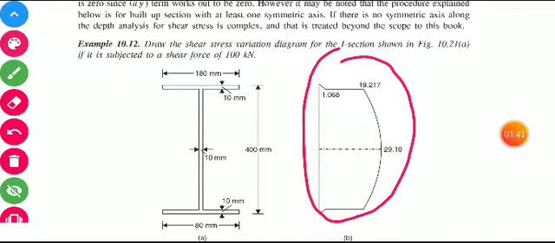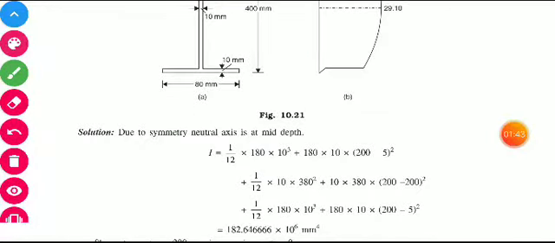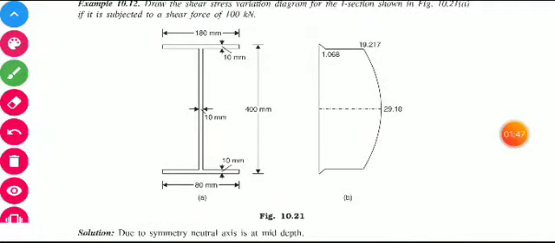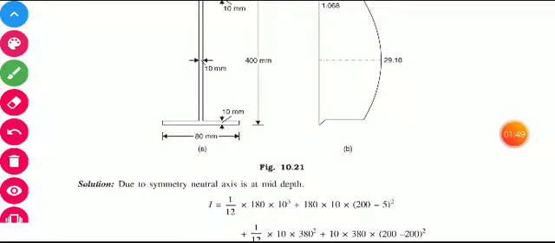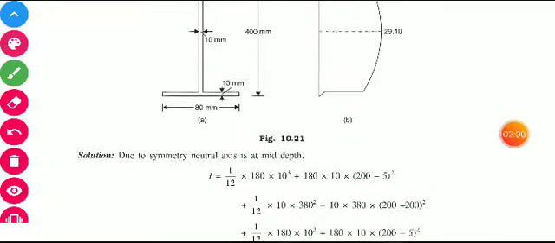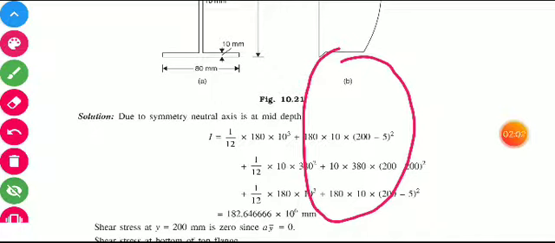So let's start. First, due to the symmetry, we calculate the value of I. You know the formula of I: bd cube by 12 plus A into y square, from the parallel axis theorem.